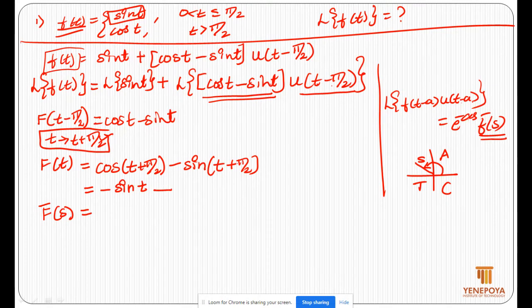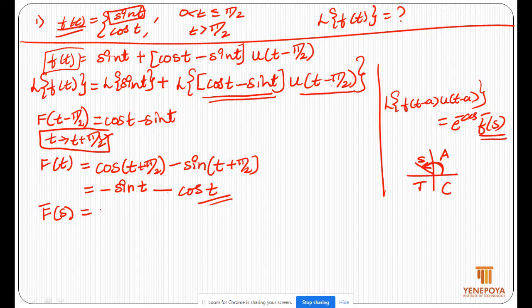Then minus sin of 90 plus t: sin of 90 plus t is in the second quadrant, where sin is positive, so the minus sign is retained as it is, and sin of 90 plus t is cos t. So this is your F of t value.